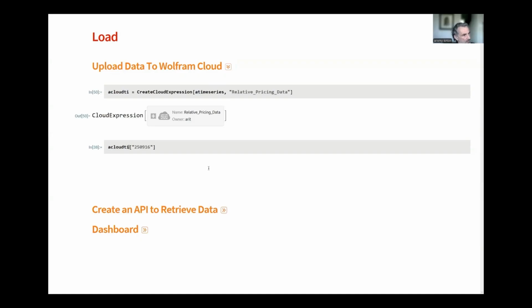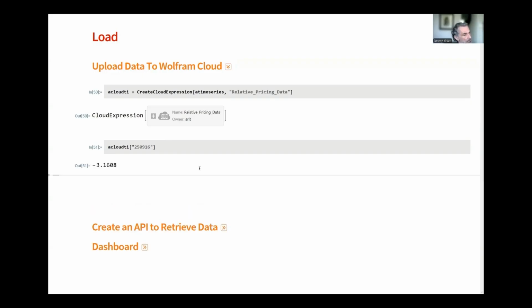Within Mathematica, we can query that data that's sitting in the cloud. So the cloud expression comes back and is in here, and then I can query it within Mathematica and ask for what was the average price difference on the 16th of September, which was minus 3.16, which we've seen before.